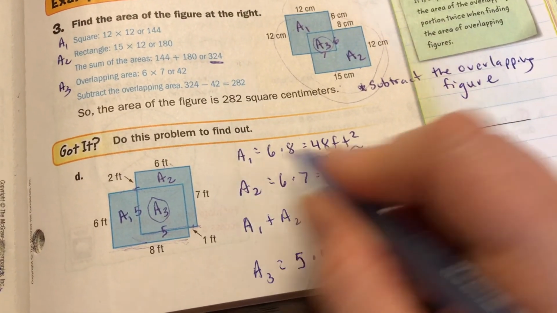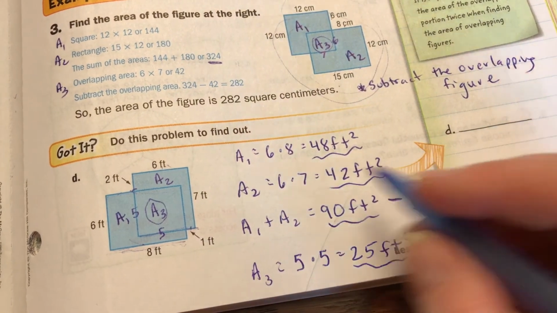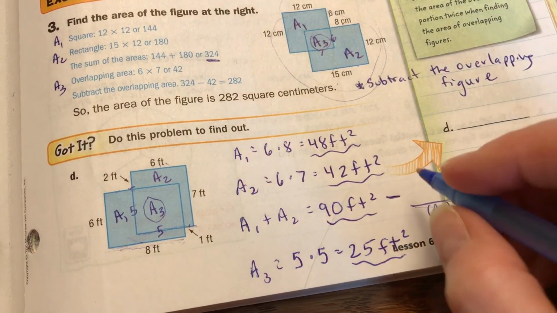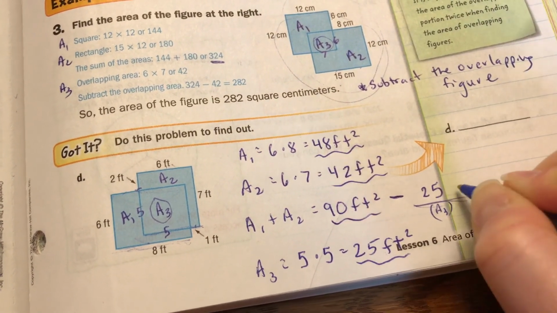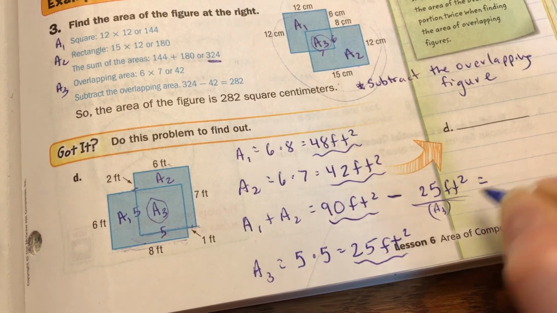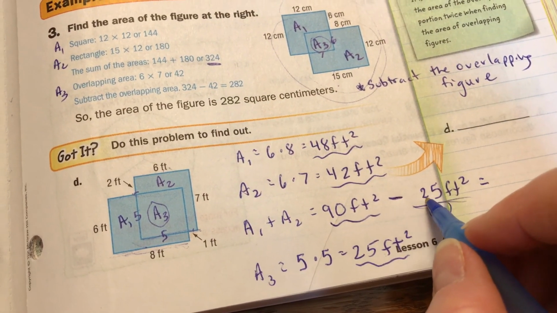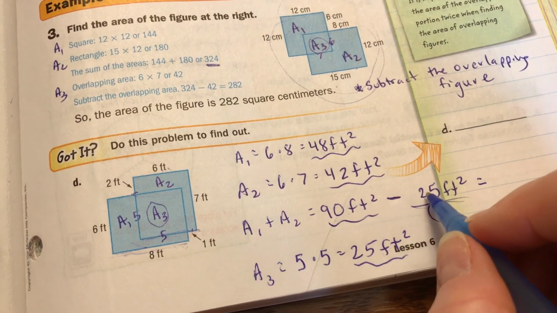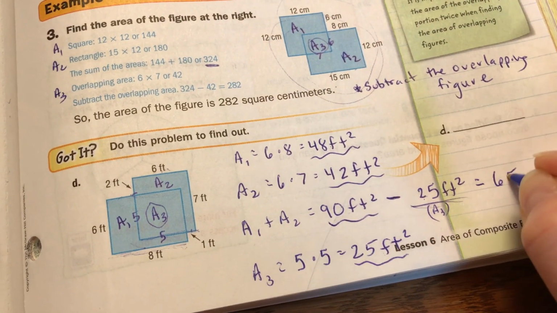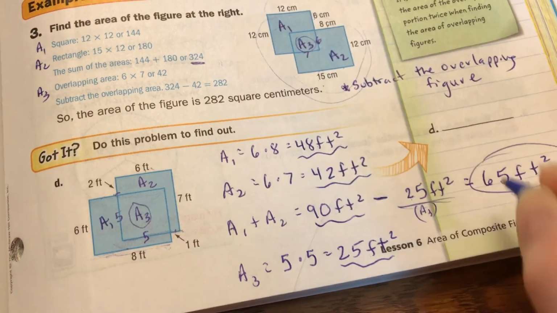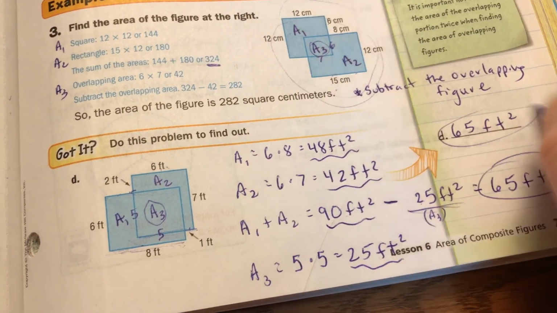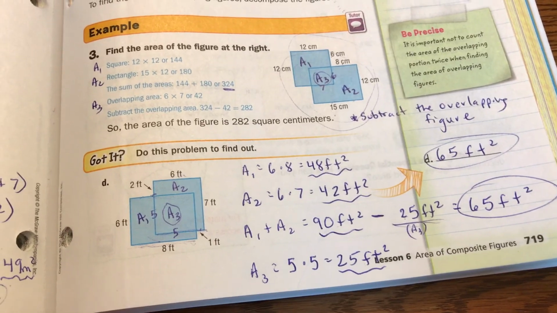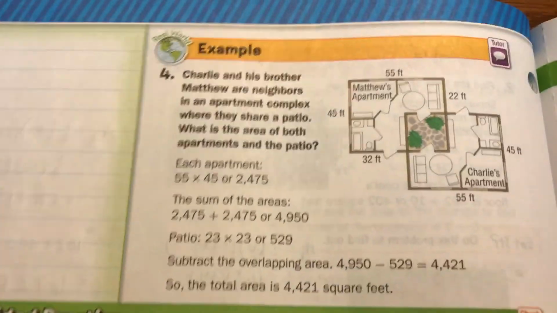So this 90 feet of both of the rectangles, take away the overlapping 25 equals 65 square feet. So that is the area. Now, see what this one is. Oh, good. It's another example like this.